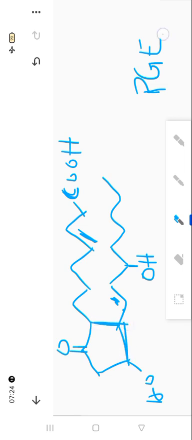So this will be PGE2 because of the 2 unsaturations. So this is the structure for prostaglandin E.